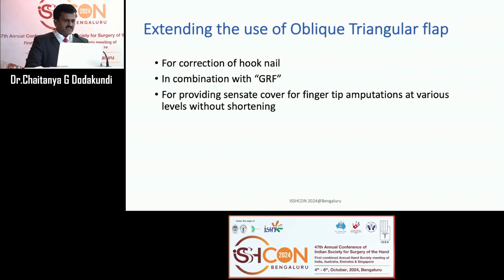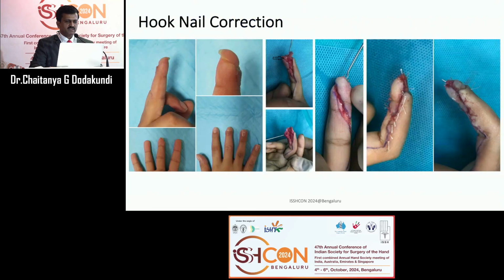Now, in our center, we are extending the use of this oblique triangular flap for correction of hook nail deformities in combination with GRF, especially in pediatric patients, as Dr. Vijay just described, and for providing sensate cover for fingertip amputations at various levels without any further bone shortening.